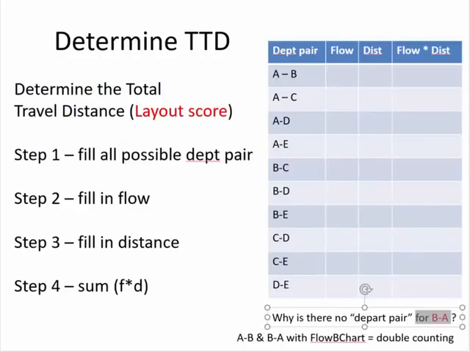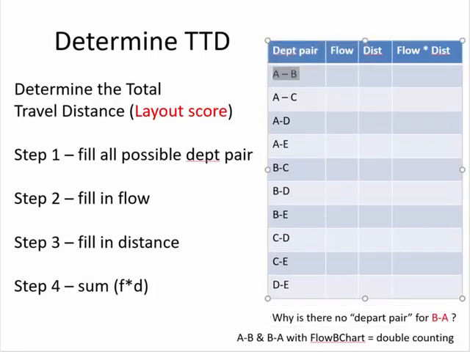Hence, I need not list B to A as a department pair. Why? Because if I use a flow between chart and I list B to A, and at the same time I also have A to B, then I am double counting the flow or the interaction between A and B.